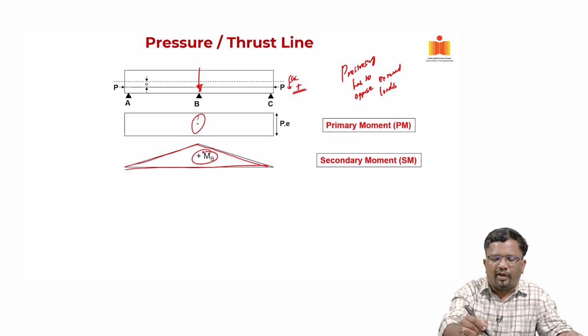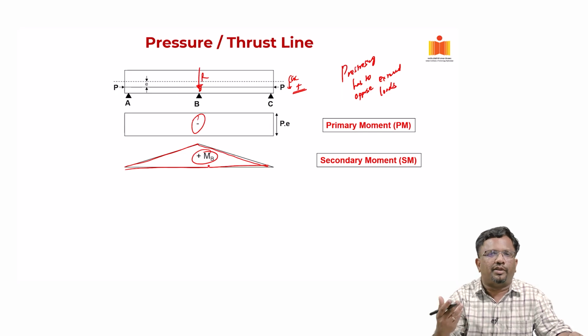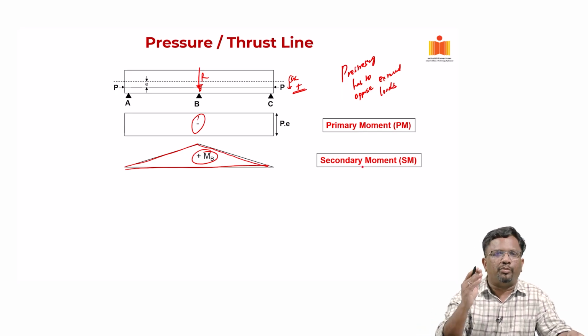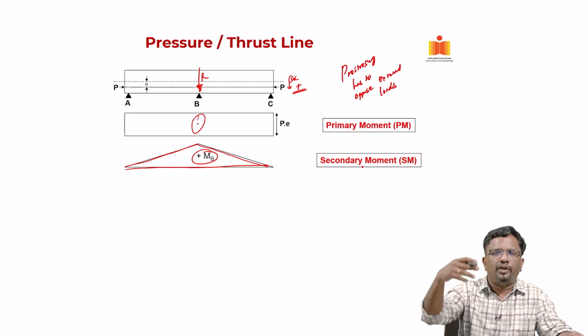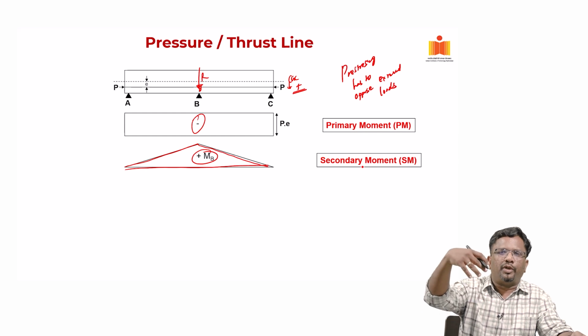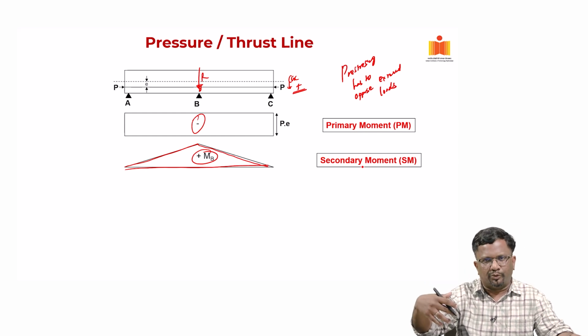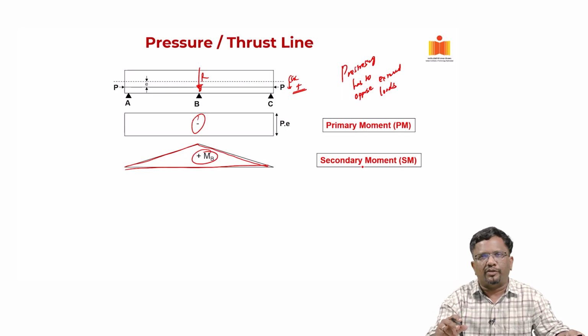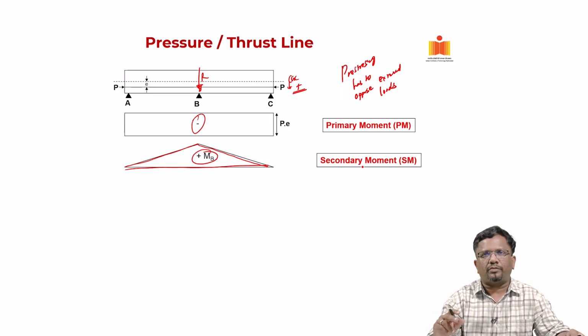Of course, you have to find this reaction R, and if you find the reaction, then you can quickly calculate what your plus MB is. Basically, nothing but R into 2L by 4. And the variation of secondary moment is always linear, because the secondary moments are produced only by the reactions that are developed at the supports, which are point loads, right. So, you are going to have the bending moment profile linear.